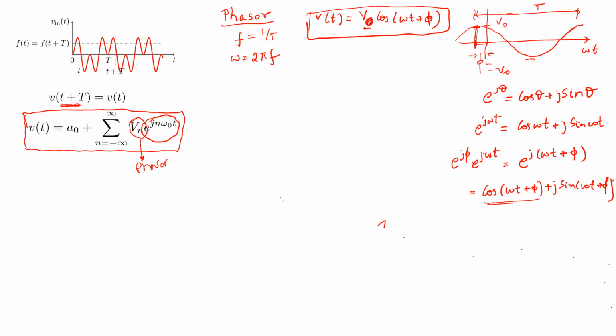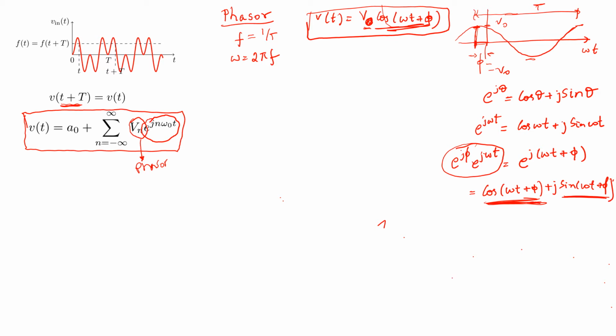So we got a term that looks very similar to what we see here, and that turns out to be the real part of this term. The imaginary part is the sine.